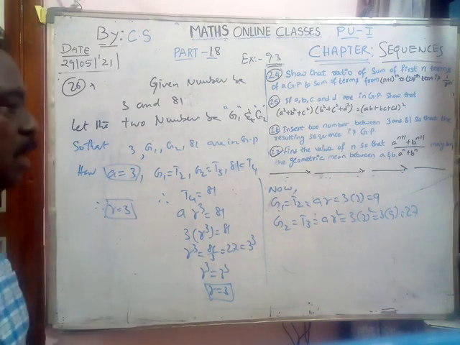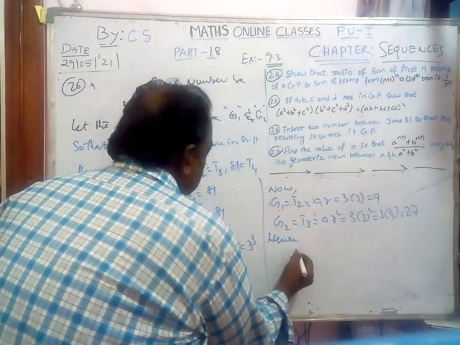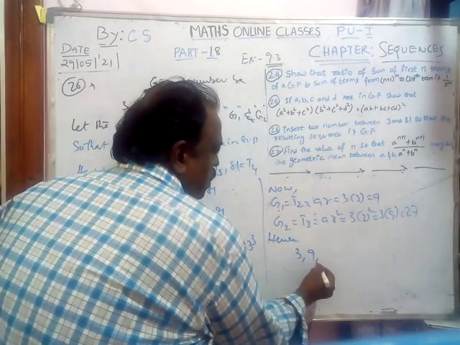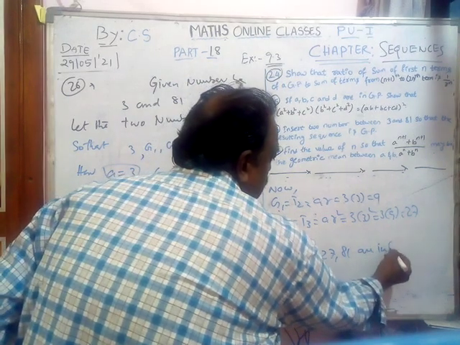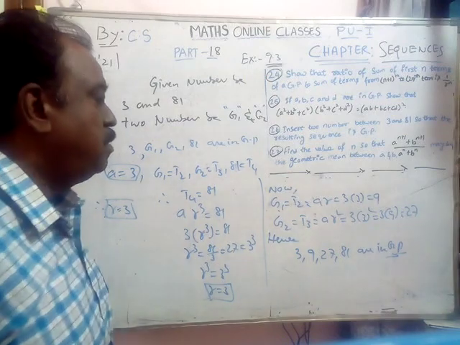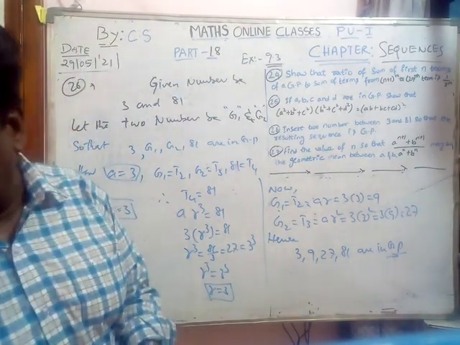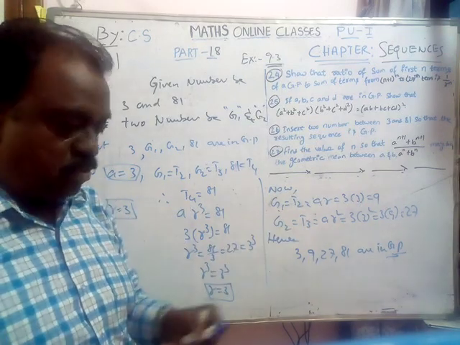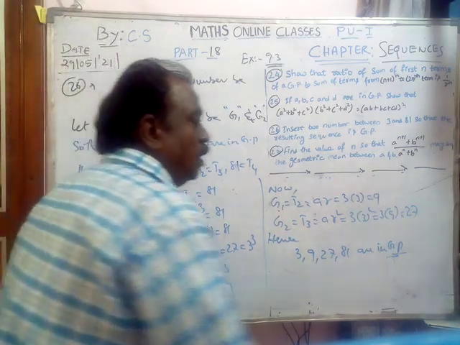Hence, at last you write it: 3, 9, 27, 81 are in GP. 3 and 81 are given. Between those two numbers, 9 and 27 are inserted so that they are in a GP. Very good concept.